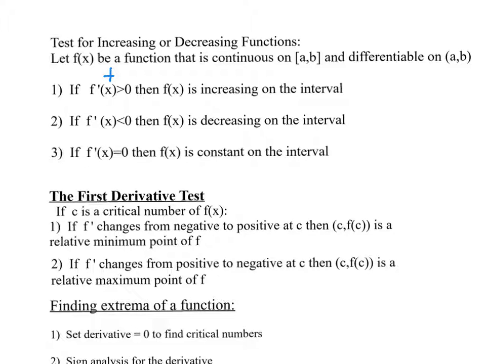On the other hand, if the derivative is negative, that's going to tell me that my function is decreasing on that interval. And if the derivative is equal to 0, then the function is going to be constant on that interval. Now we might want to pause the notes so that we can write down this test for increasing or decreasing functions.